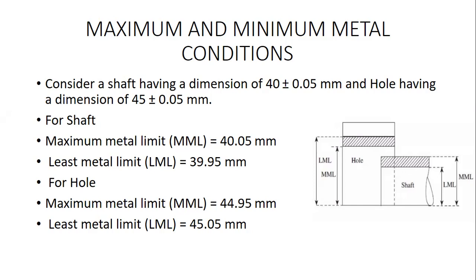Based on these dimensions, for the shaft, they have given the maximum and minimum metal condition limits. Similarly, for the hole size, they have given the maximum and minimum metal limit conditions. What this states is that using these maximum and minimum metal limit conditions, we have to ensure whether two assemblies are fitting comfortably with each other or not.